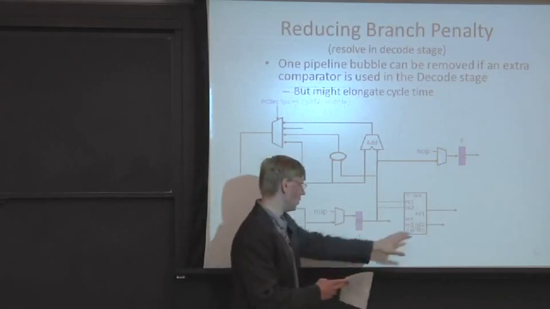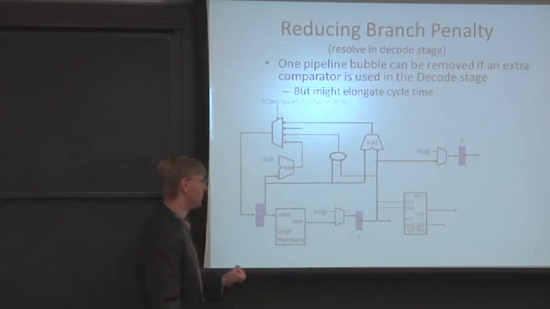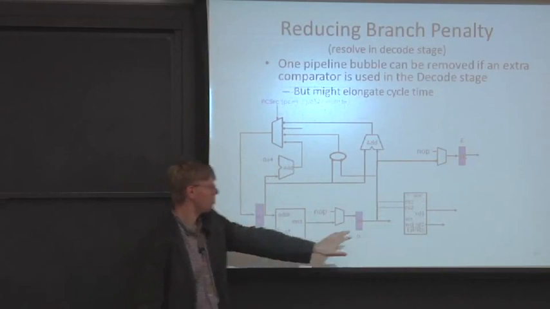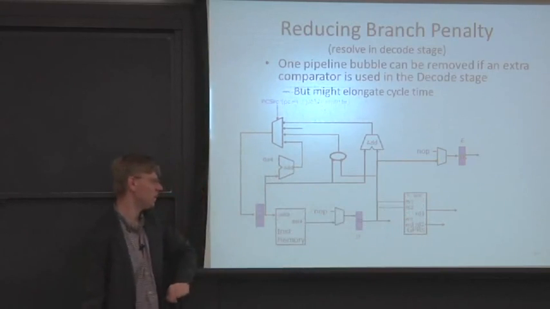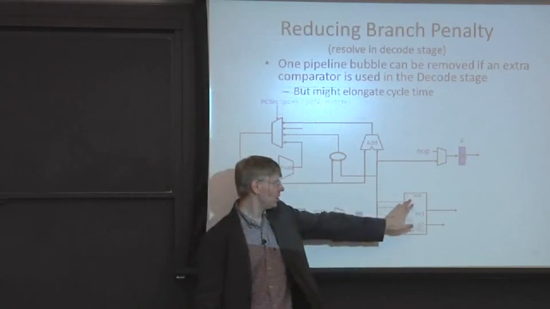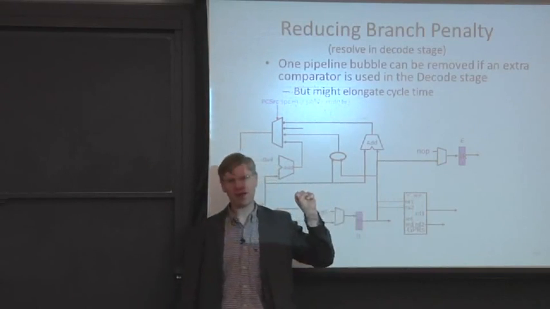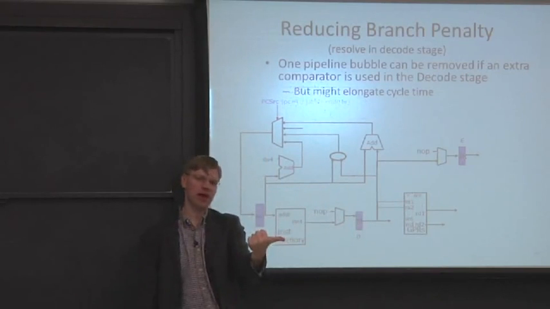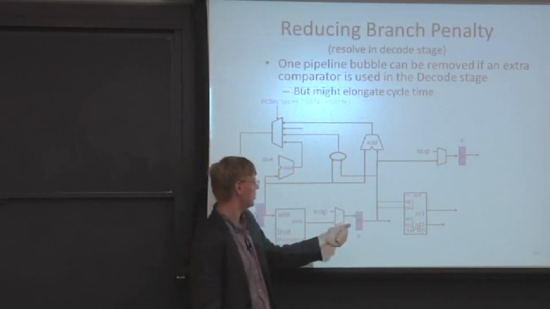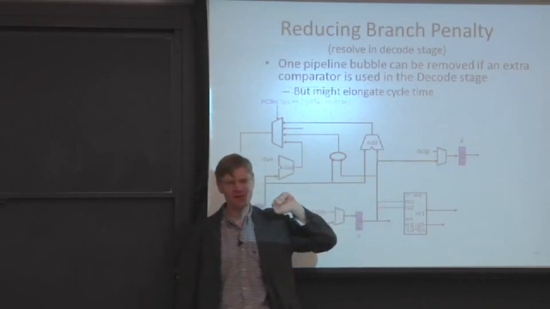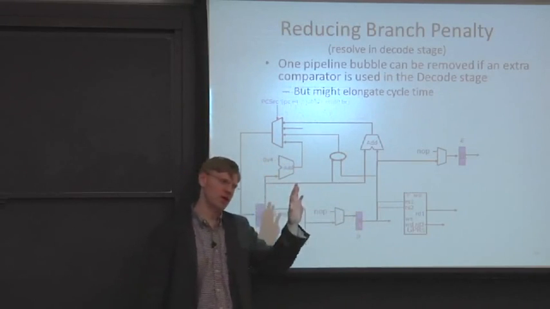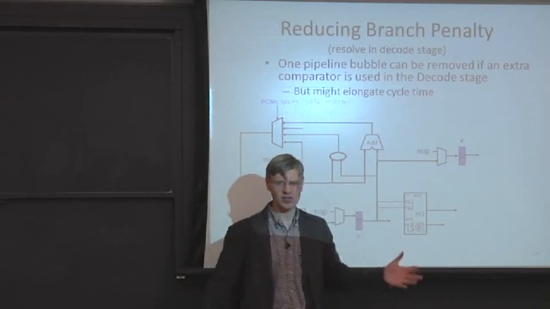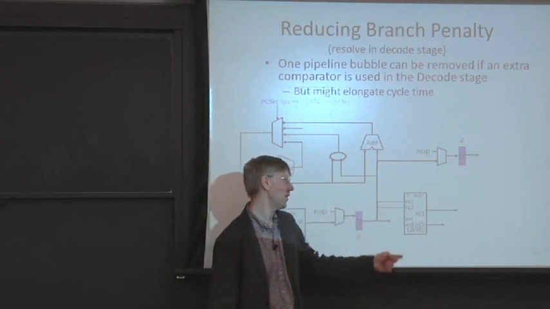So how do we do that? Well, here we have our register file. This is in the decode stage of the pipe. This is the fetch stage. What do we really need to do for a branch? Well, we need to know that it's a branch, so we do some decode. And we need to know whether it's a branch 0 or a branch not 0, for instance, if those are the only 2 branches in our architecture.